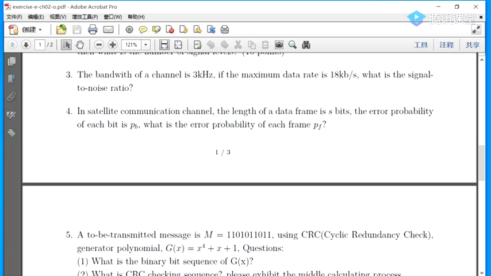The length, the number of bits, is S bits, and the error probability of each bit is PB.